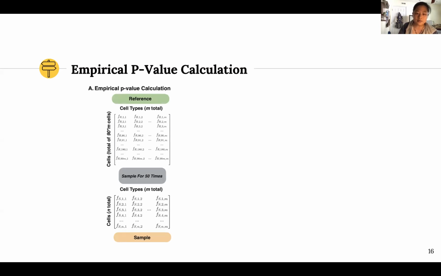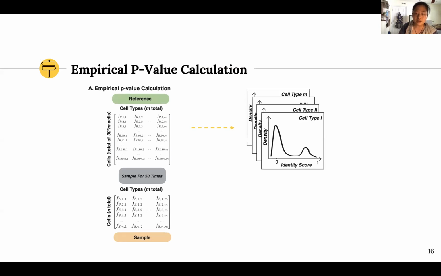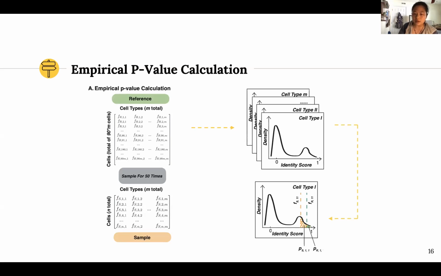From the top, we will be able to construct a distribution of these fractional identity scores for each cell type. Then building from these distributions, we can see where the fractional identity of the sample falls in this distribution, and we further calculate this empirical p-value to see what is the likelihood of getting such a high or low score.